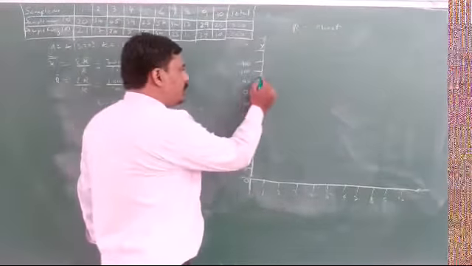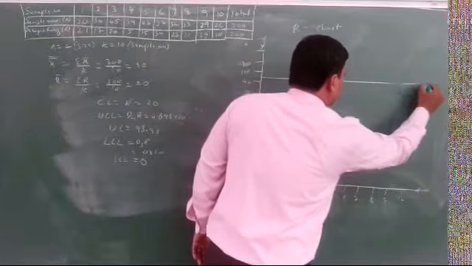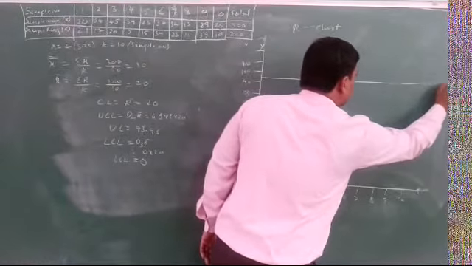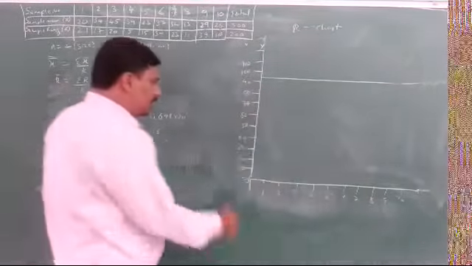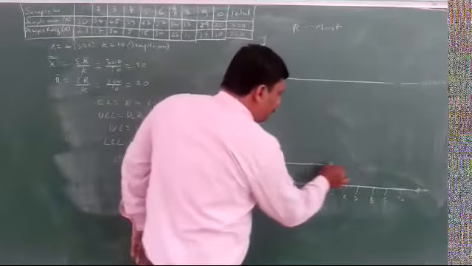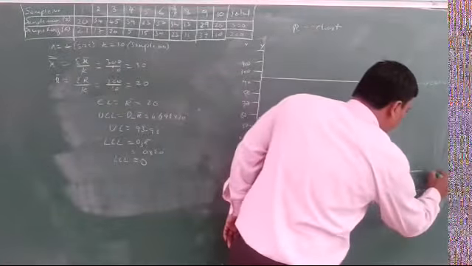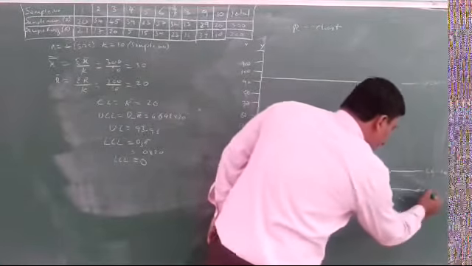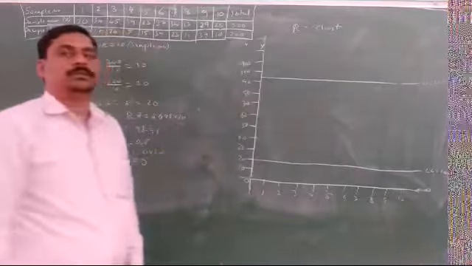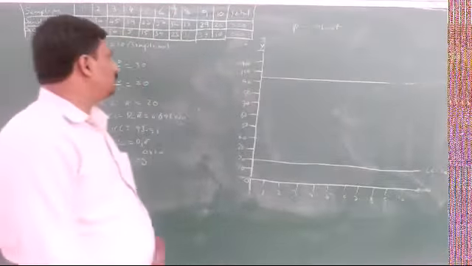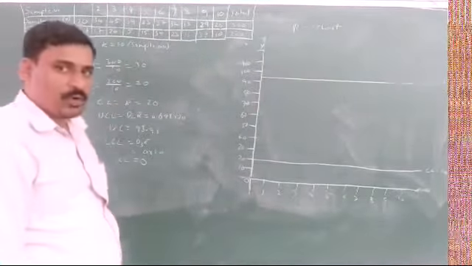Then the central line is 20 and the lower control limit is 0 itself. Okay. Then now the first range we have to plot in the graph here.